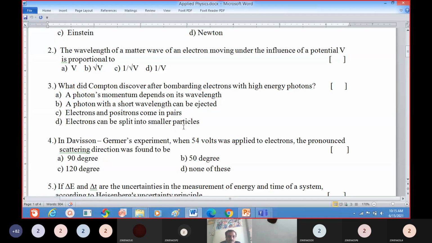So option A is correct because the momentum P is equal to hc by lambda. What is the formula? hc by lambda. So that's why option A is correct. Photon's momentum depends on its wavelength, because the formula is P equal to hc by lambda. Okay, so the remaining all are wrong.